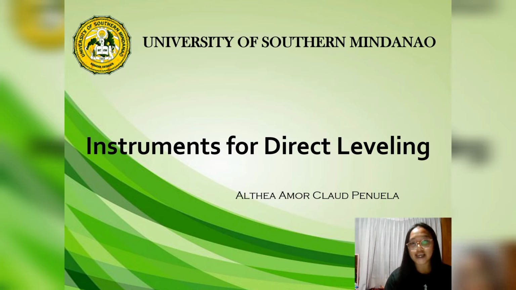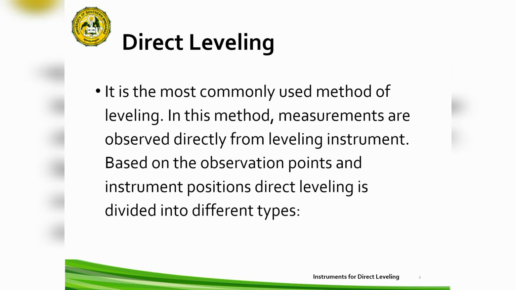So, what is direct leveling? Direct leveling is the most commonly used method of leveling. In this method, measurements are observed directly from the leveling instrument. Based on the observation points and instrument positions, direct leveling is divided into different types. So what are those types?